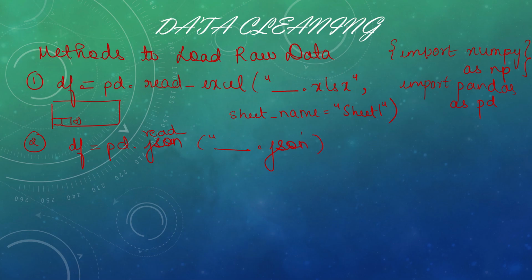Then for a nested JSON, this is the real world case, you have to use pd dot JSON underscore normalize, JSON underscore data. Then this flattens complex API responses.